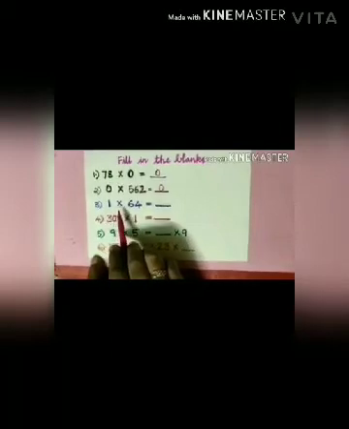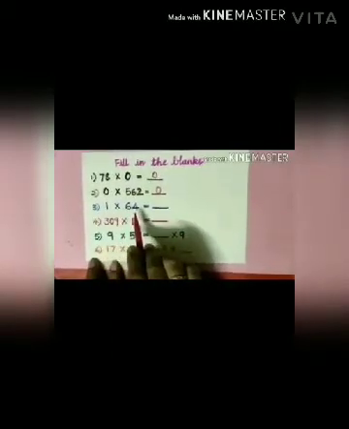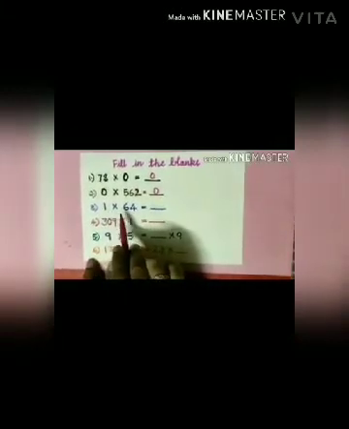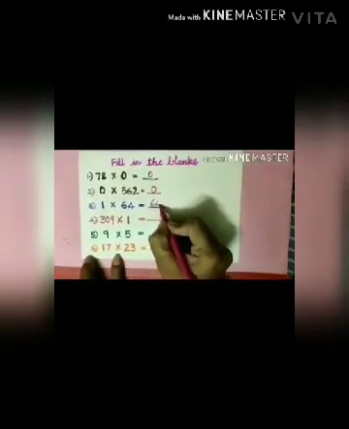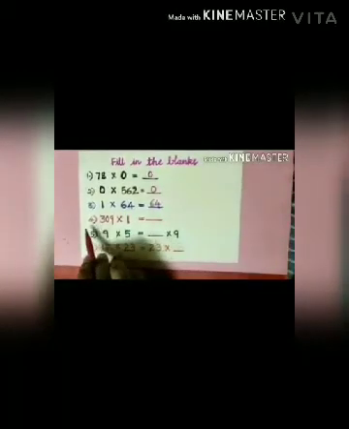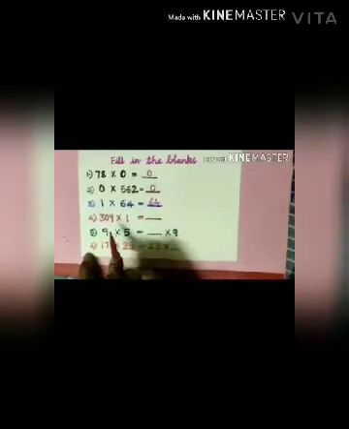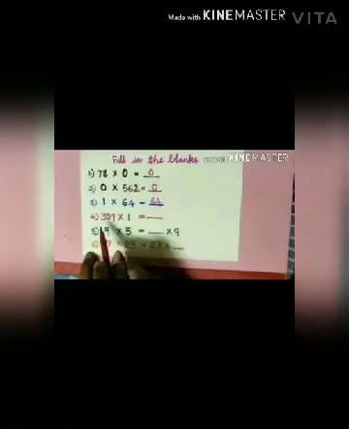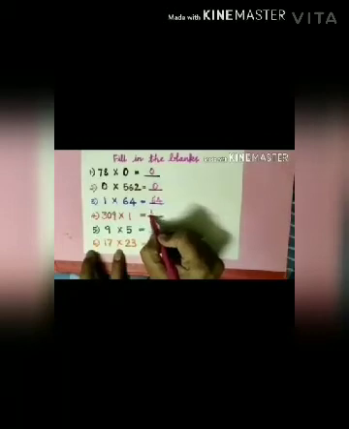Number 3, 1 into 64 is equal to dash. 1 multiplied by any number, the product is the number itself. So 1 into 64 is equal to 64. Number 4, 309 into 1 is equal to dash. Any number multiplied by 1, the product is the number itself. So 309 into 1 is equal to 309.